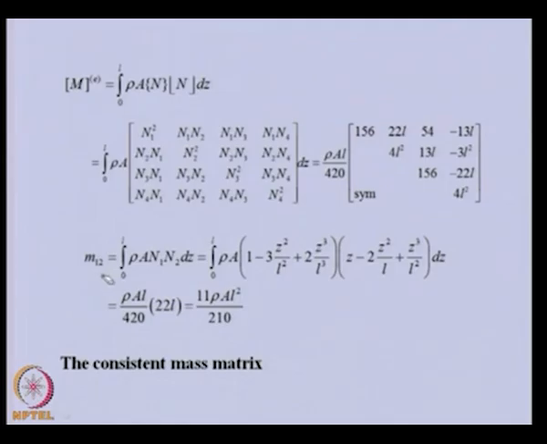If we want to integrate one particular mass matrix term, we can. This particular term is M12. If we multiply these two, we will get that particular term. This is a consistent mass matrix because all the elements of the mass matrix are fully populated.